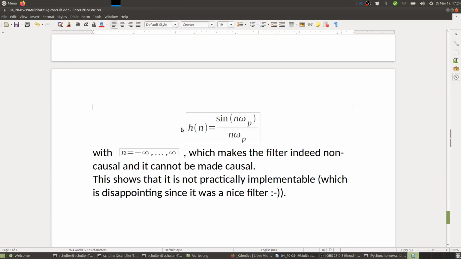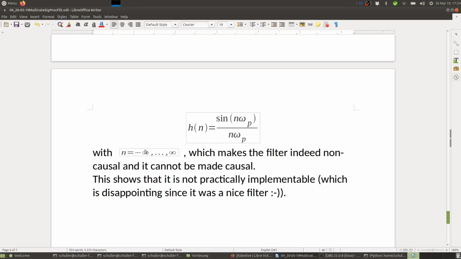This is the sinc function, still with phase 0, and with a width of our rectangle of omega p. So we have a sine of n omega p divided by n omega p. This is our impulse response, and this goes from n equals minus infinity to plus infinity.